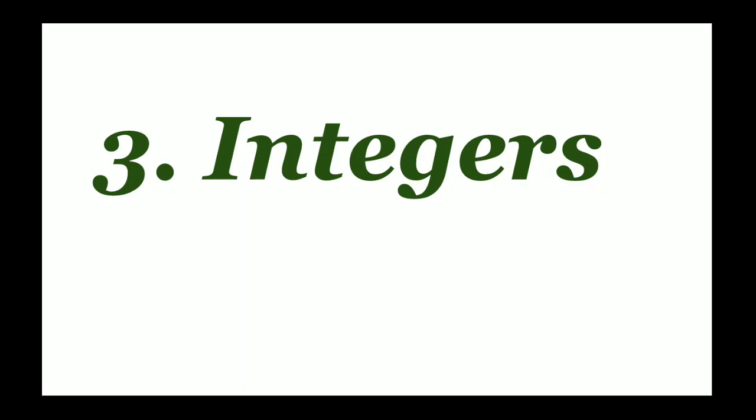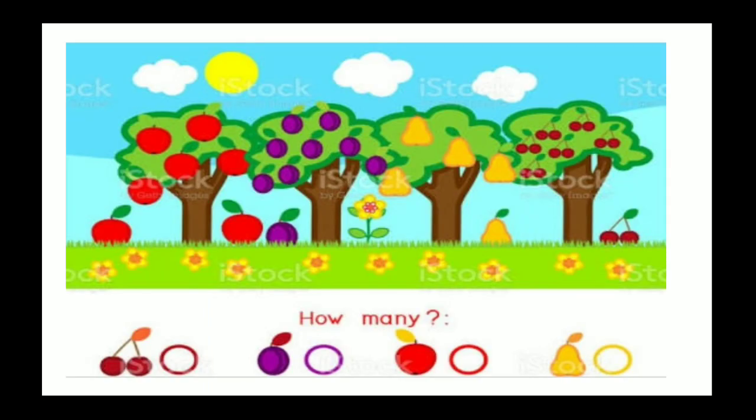Here I have also shown a few tree pictures, and they have asked you to count them. If you count the red fruit, that is apples, there are 7 apples. Like this you can count.